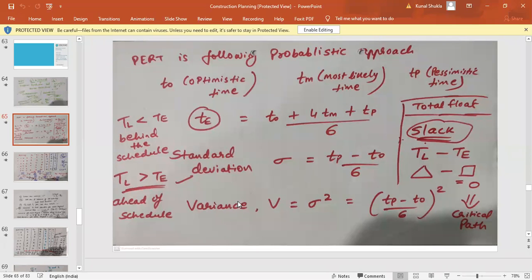Now in case of the CPM method, how did we find the critical path? Can anyone tell me?